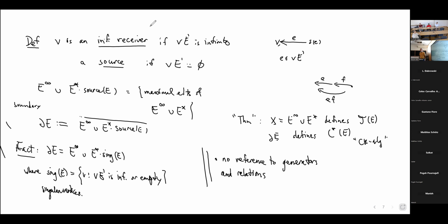It's been a program that was completed after several decades, under some assumptions. We really have classifications of simple C-star algebras, nuclear, unital, etc. But basically, there is a classification. So if you want to make the first move to go beyond simple C-star algebras, that's exactly where you go.